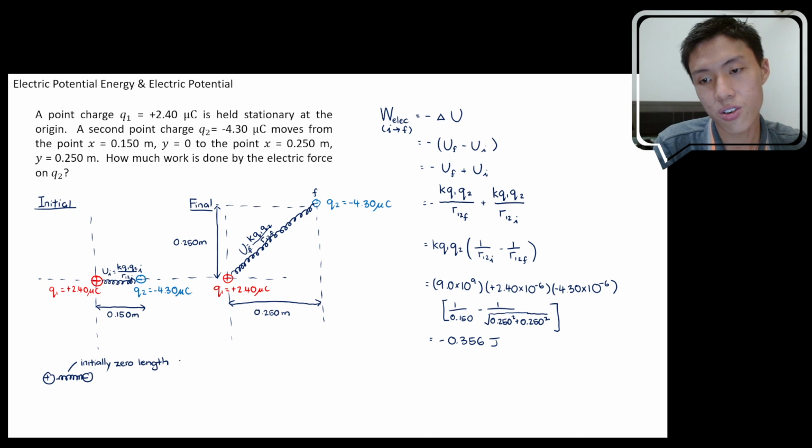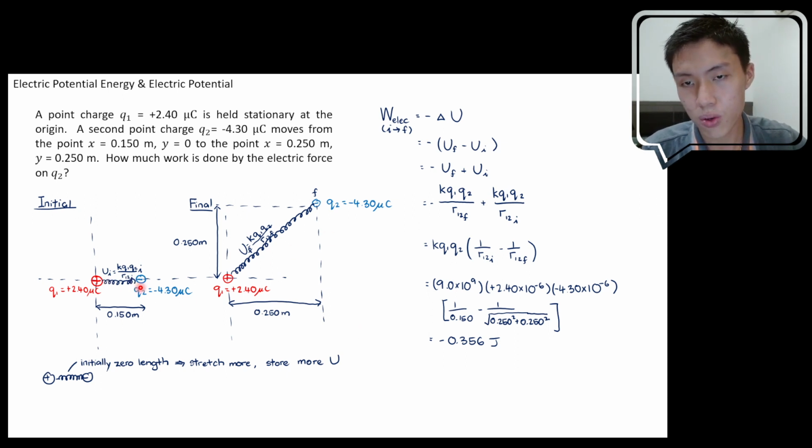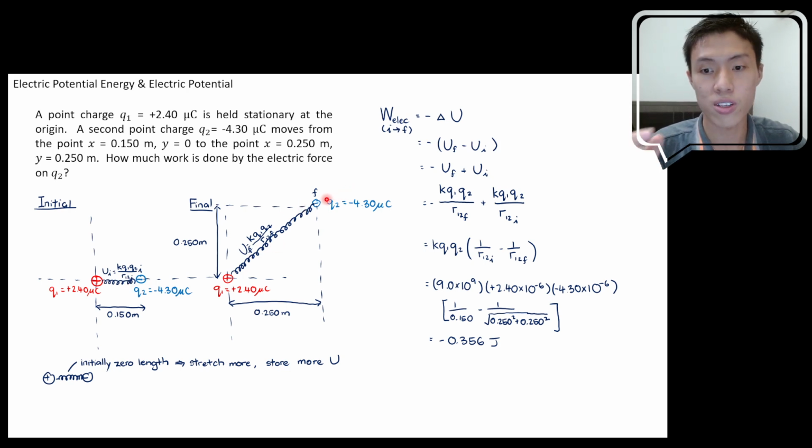So initially zero length, what does it mean? You stretch more. The more you stretch, then you will store more potential energy. Okay, so let's look at this situation. Initially, the spring was very short. Then finally, the spring gets longer. So if the spring gets longer, that means it's stretched more, right?